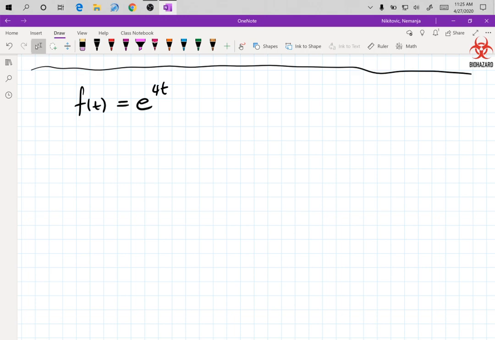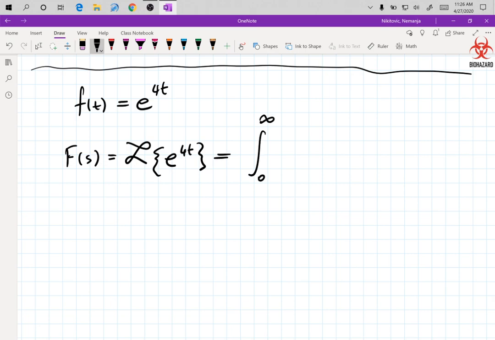So what happens here? How do you convert this mess? Well, we do the same thing. F of s is going to be the Laplace of e to the 4t, which is what we are plugging into our 0 to infinity integral: e to the negative st times e to the 4t dt.